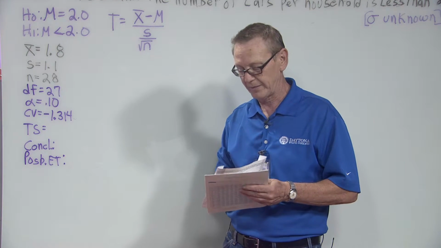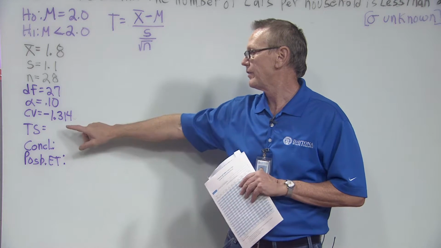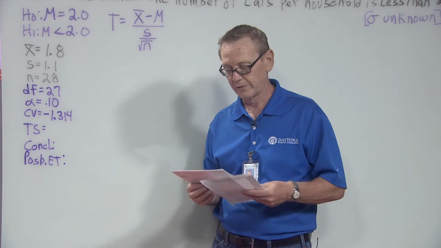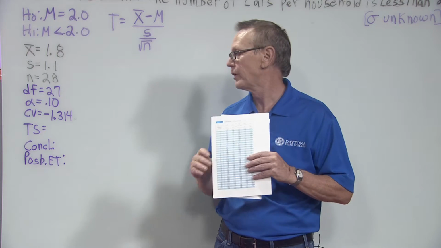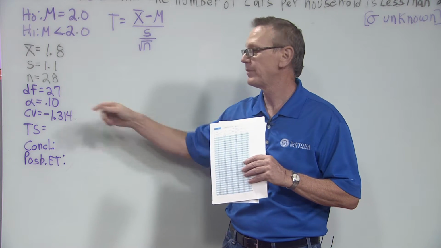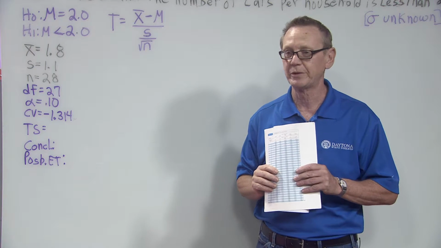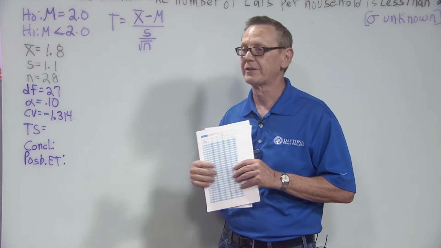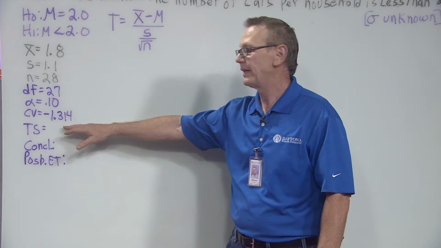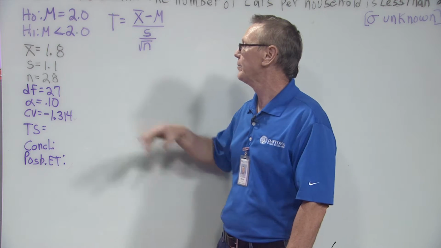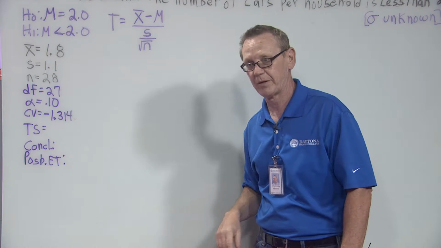That's given in the problem. And the critical value we look up on our table. So we need to know the degrees of freedom and the significance level of 0.10. We find a critical value of negative 1.34. The critical value has to be negative because we're doing a less than hypothesis test.